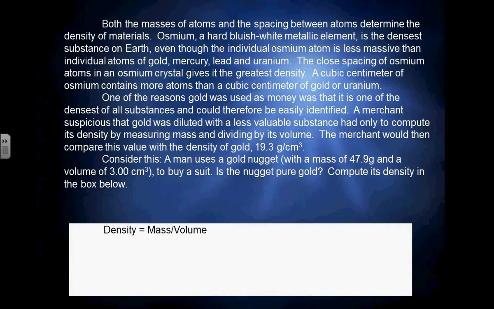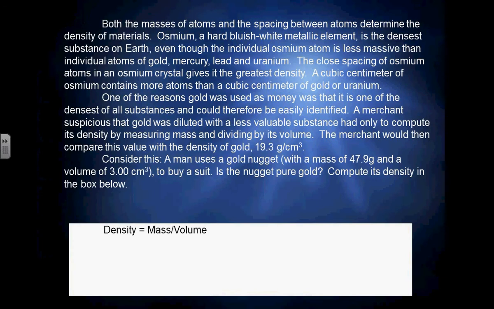So you can pretty easily, if you had a piece of pure gold in your hand versus a piece of some other metal that looks like gold, or gold mixed with another metal, tell the difference in the density because you could feel them. Gold will feel very heavy compared to another metal. And so they can use that to figure out if something is pure gold or if it's not.